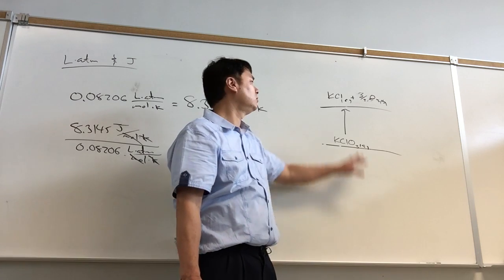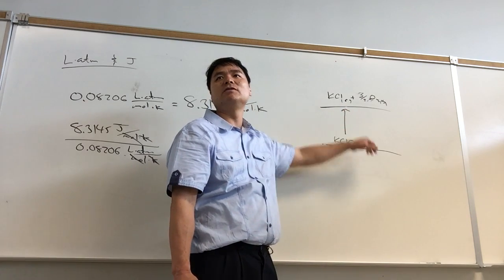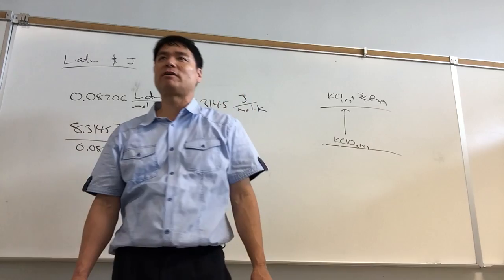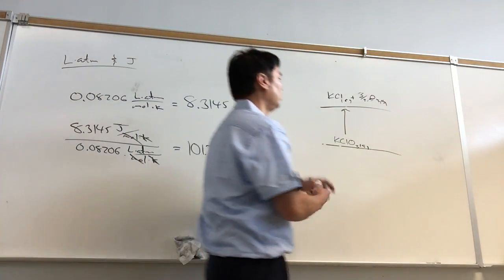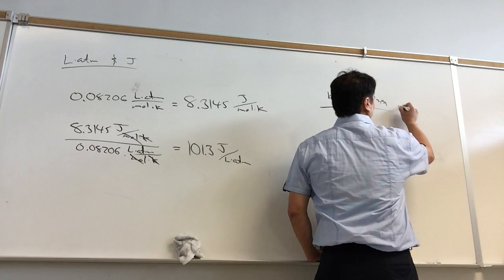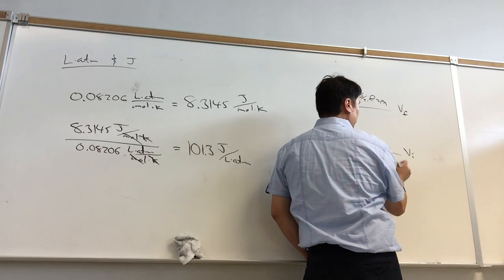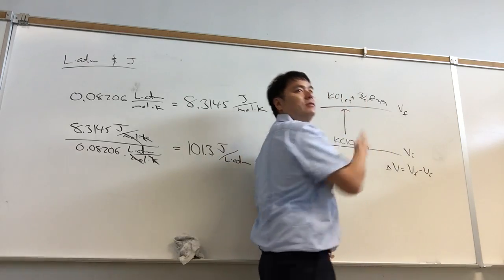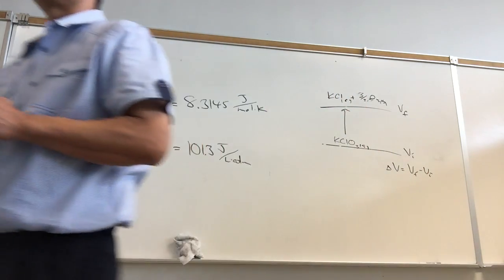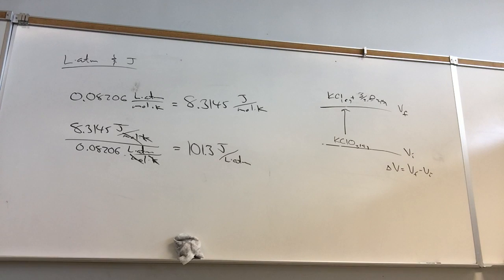Petrucci usually ignores the solids and the liquids, but if you wanted to be more accurate, then you better factor those in, right? Because what we look at is the volume initial and the volume final, and delta V is V final minus V initial. And if we ignore these, then obviously we're introducing error, right?